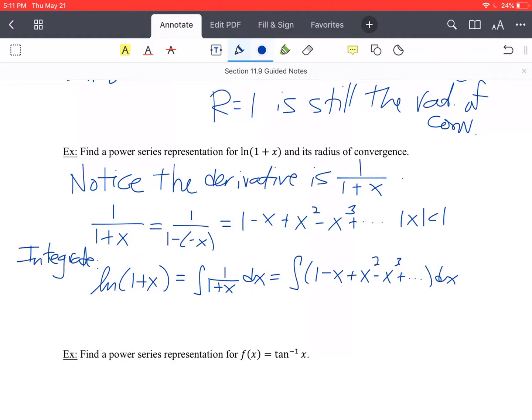Okay, so take the antiderivatives of all of those, one by one. That's going to give us x minus x squared over 2 plus x cubed over 3 minus x to the 4th over 4, etc., plus c, that arbitrary constant.